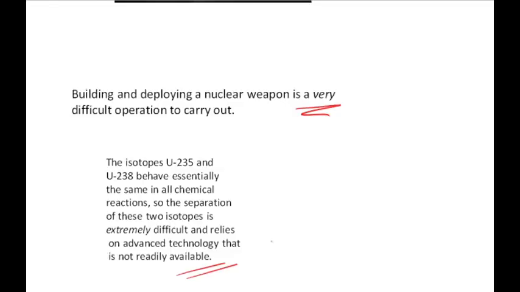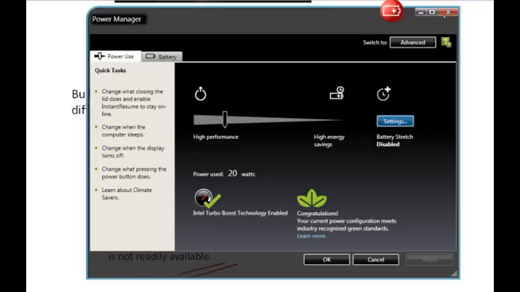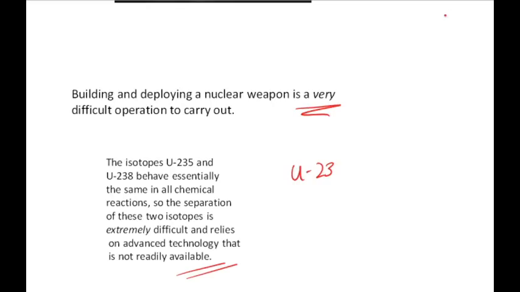Okay, so first of all, you have to get the uranium. Uranium-235 is the fissionable material, and so is plutonium-239, and you get plutonium-239 from uranium-238.